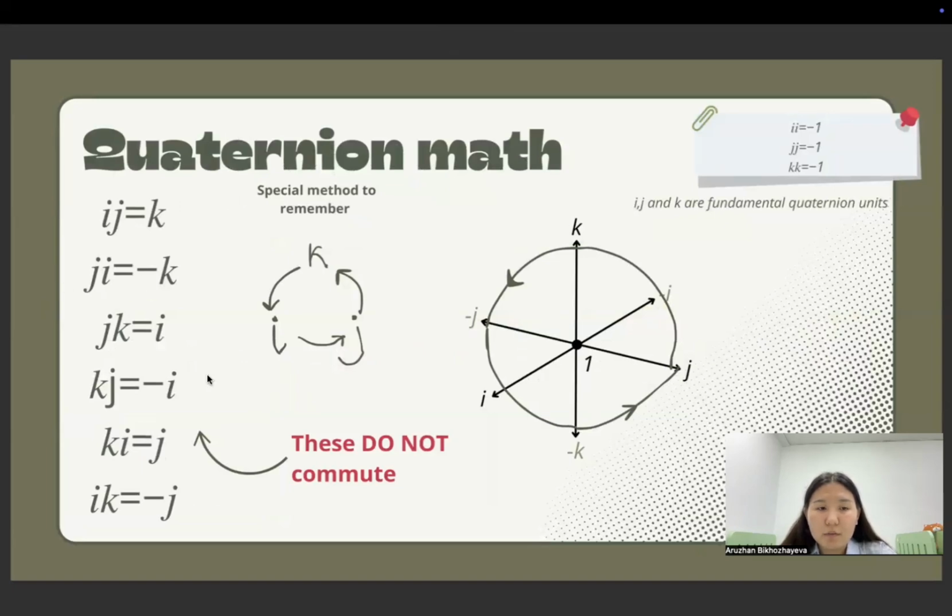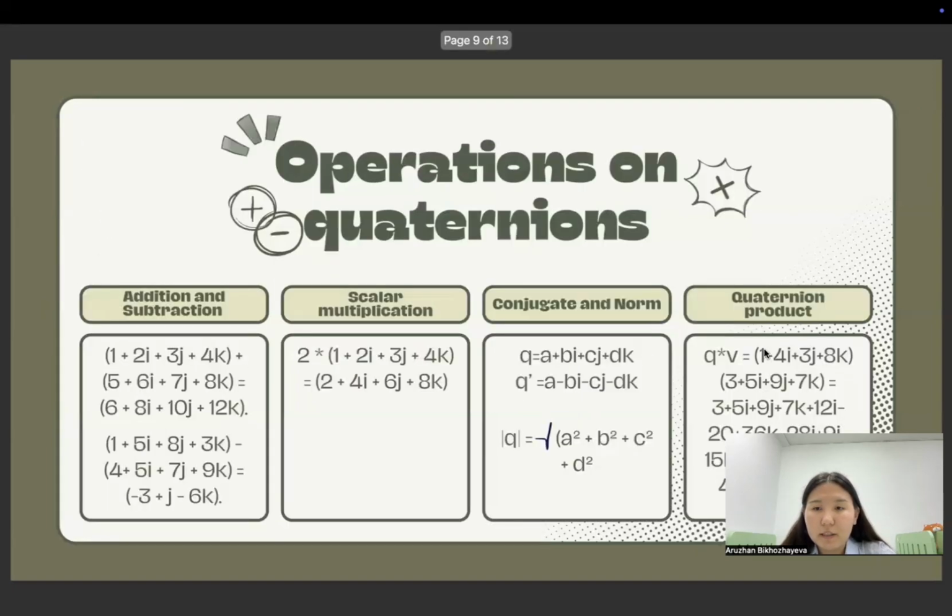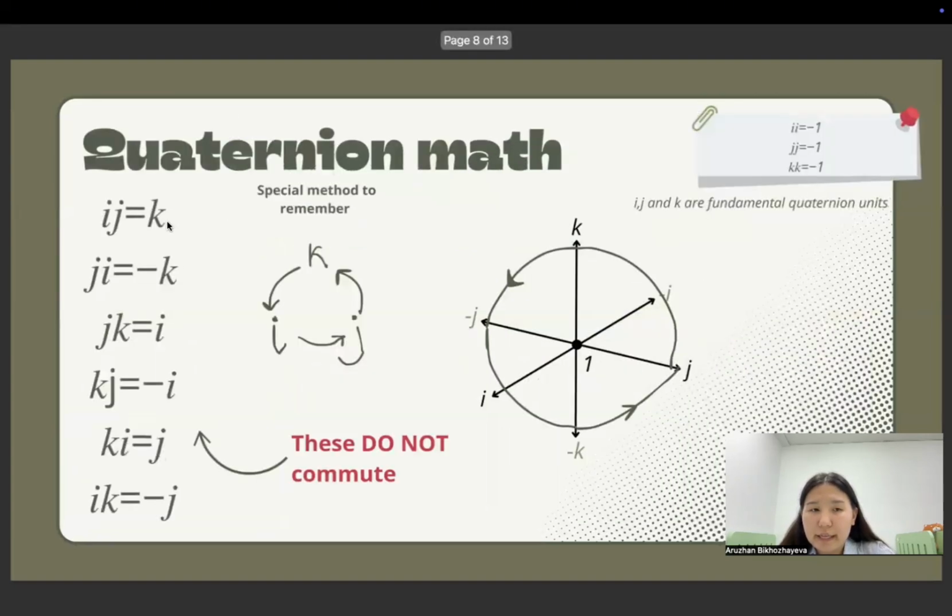You have to know about these formulas. Here, 4i multiplying 9j, we know that 4 times 9 is equal to 36. But i times j, you cannot write just ij. You should write k, because we know these formulas and we can simplify it.